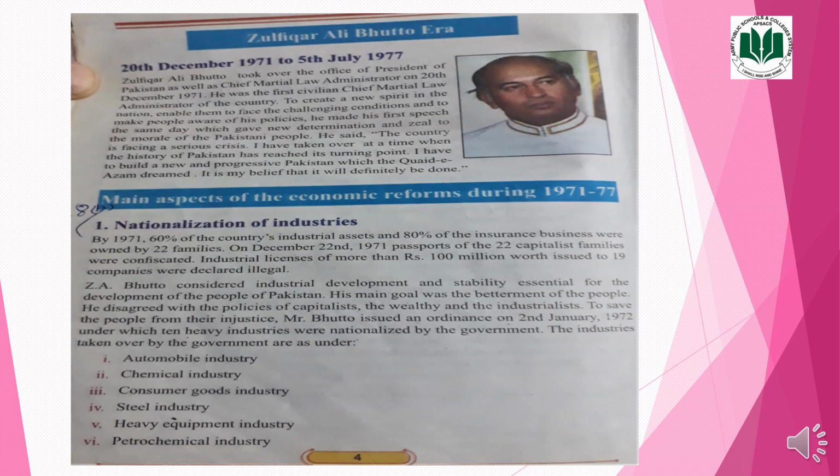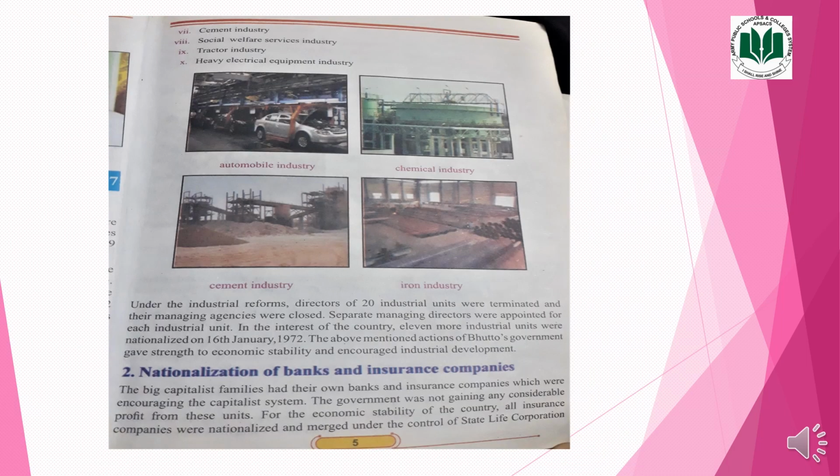You can see over here on page number 4 the names of these industries: automobile industry, chemical industry, consumer goods industry, steel industry, heavy equipment industry, petrochemical industry. Some other industries are over here. Under the industrial reforms, directors of 20 industrial units were terminated and their managing agencies were closed.